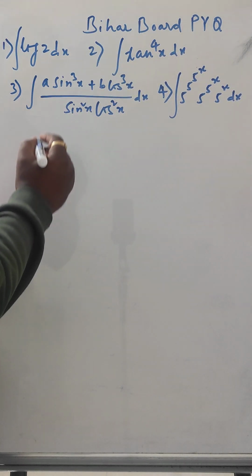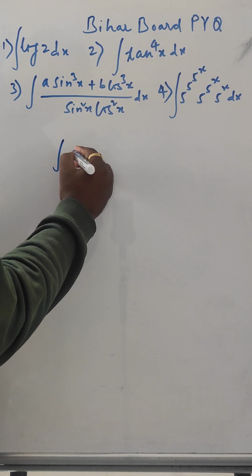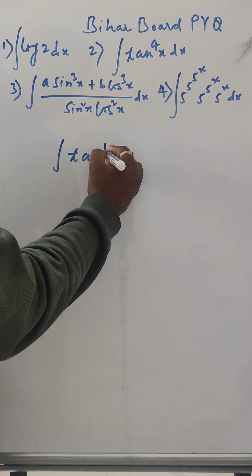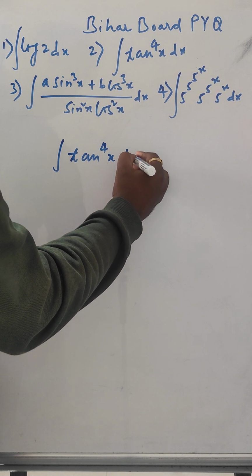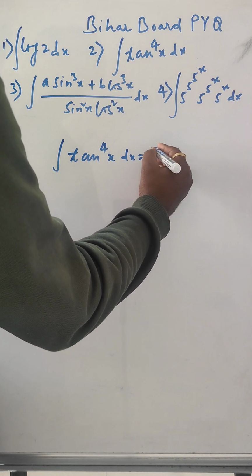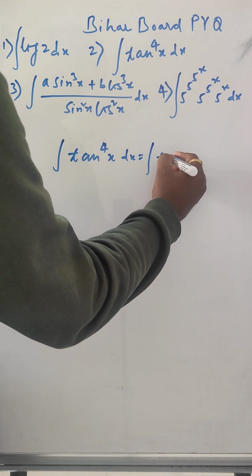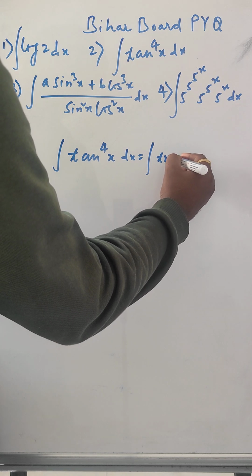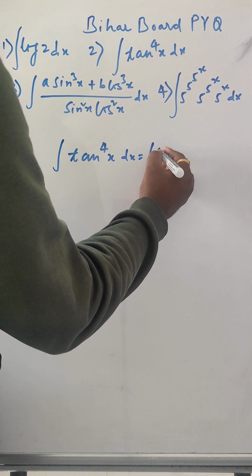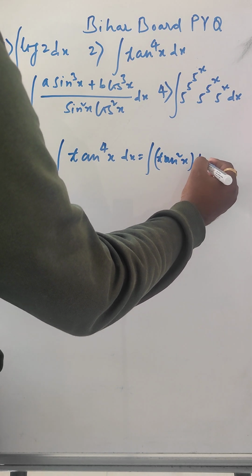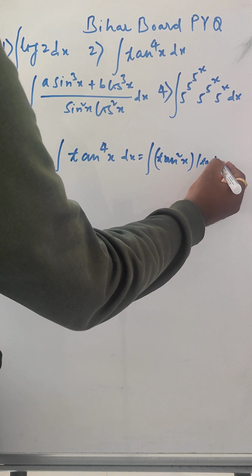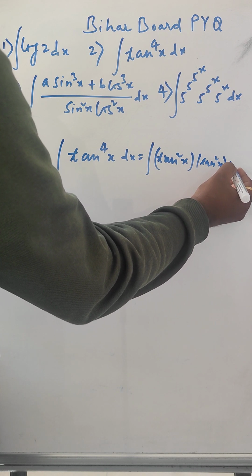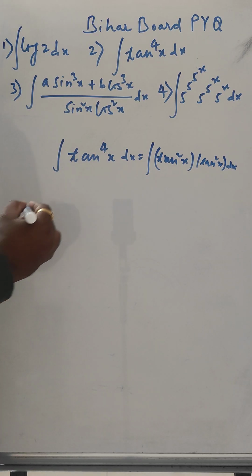Now the second one. The second one is tan^4 x dx. This can be written as tan^2 x into tan^2 x dx. Correct.